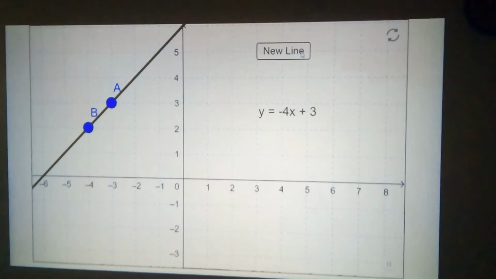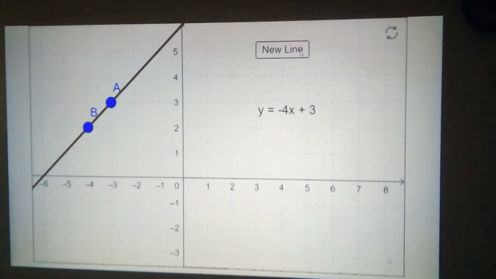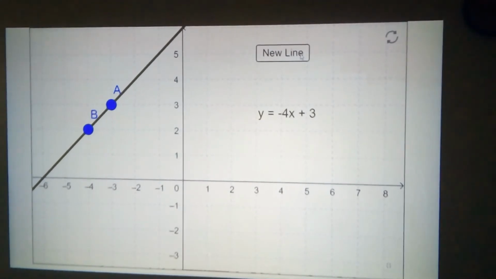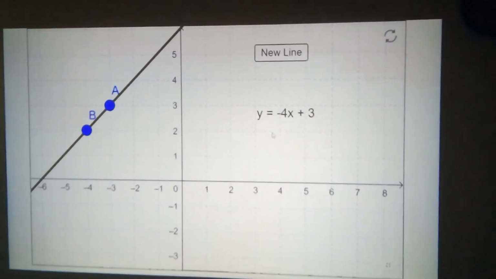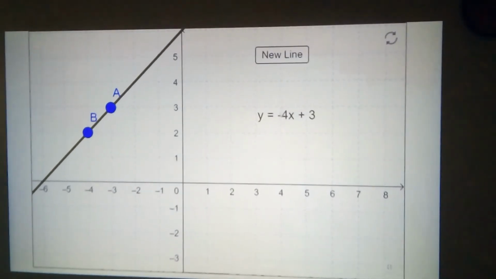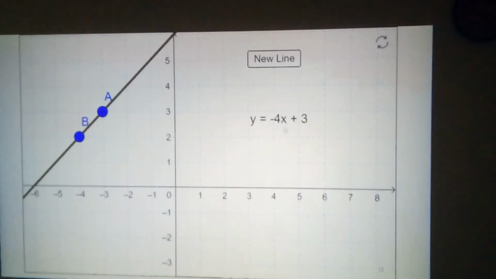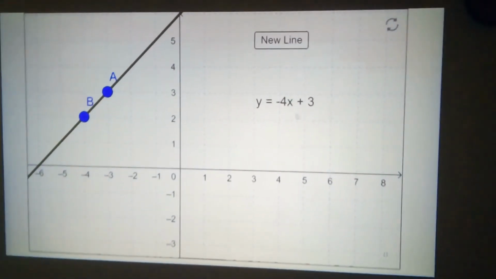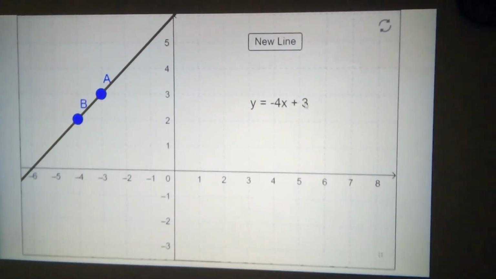Now, this time, y is equal to minus 4x plus 3. From this equation, the gradient is -4, and the y-intercept value is +3.